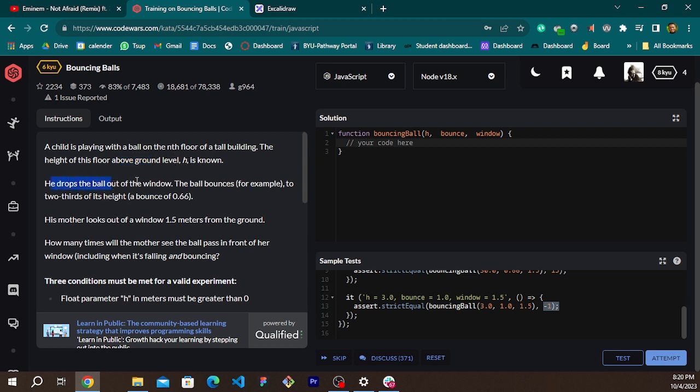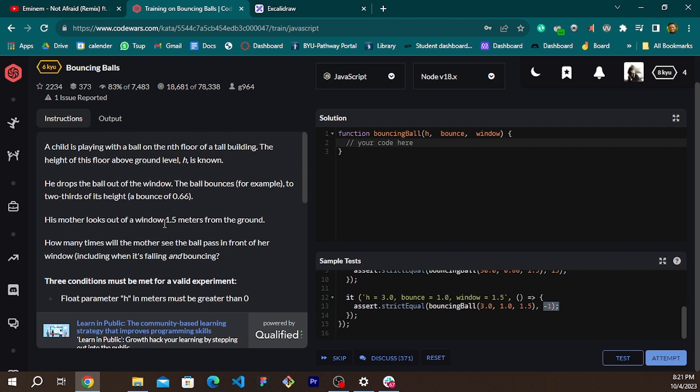He drops the ball out of the window, and the ball bounces to 2/3 of its height, right? So every bounce is just bouncing 2/3. That means the height is reduced by 0.66, right? Every bounce.